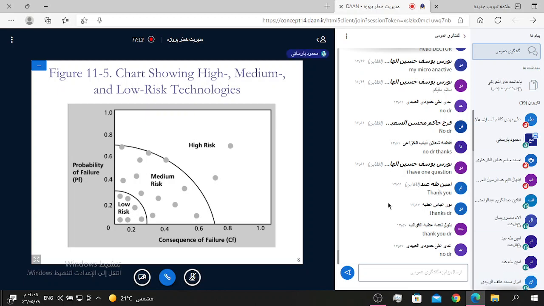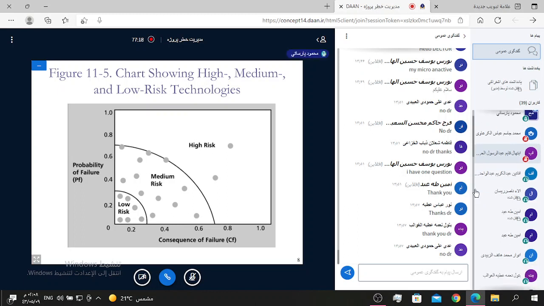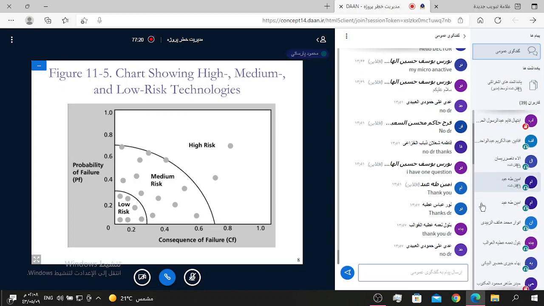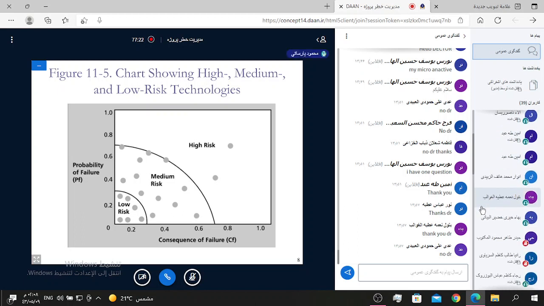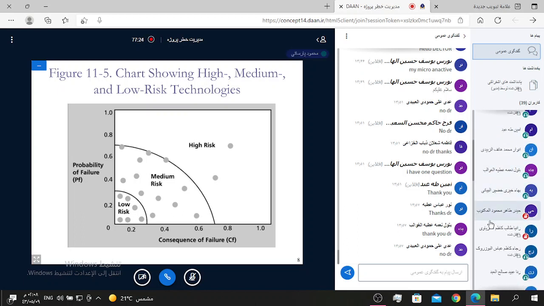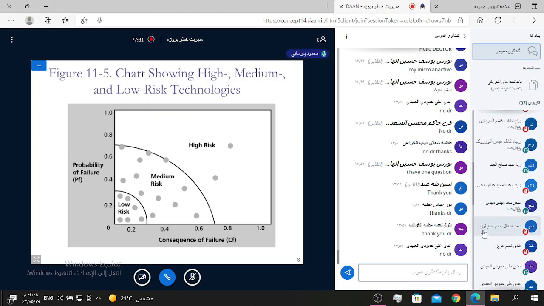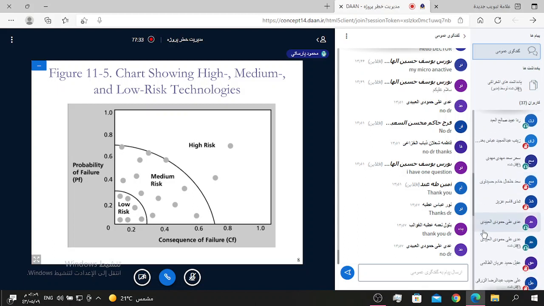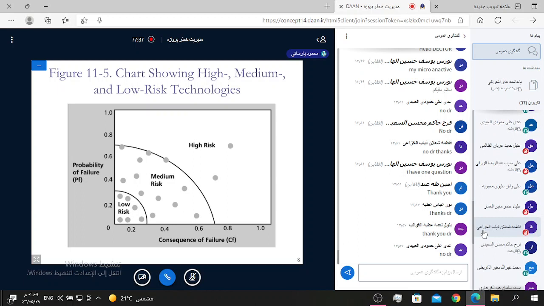So the horizontal axis is about the effects of any risk, and the vertical axis is about the probability of risks. And by multiplying effect by probability, we can determine or calculate the risk number.